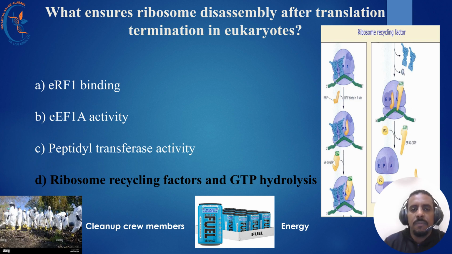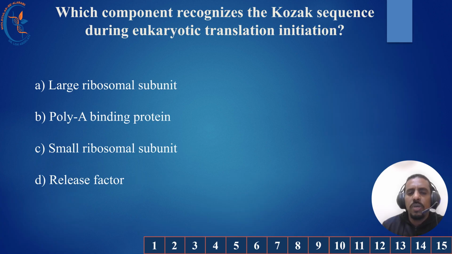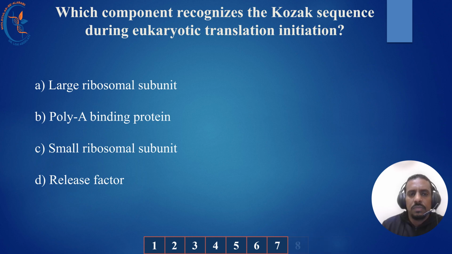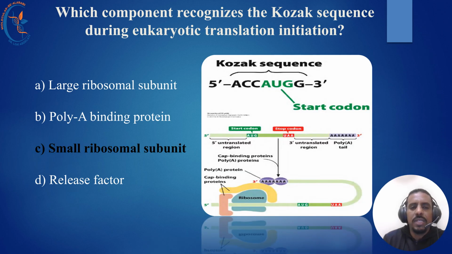Let's move on. Alright, the next question is, which component recognizes the Kozak sequence during eukaryotic translation initiation? Okay, the correct answer is the small ribosomal subunit.